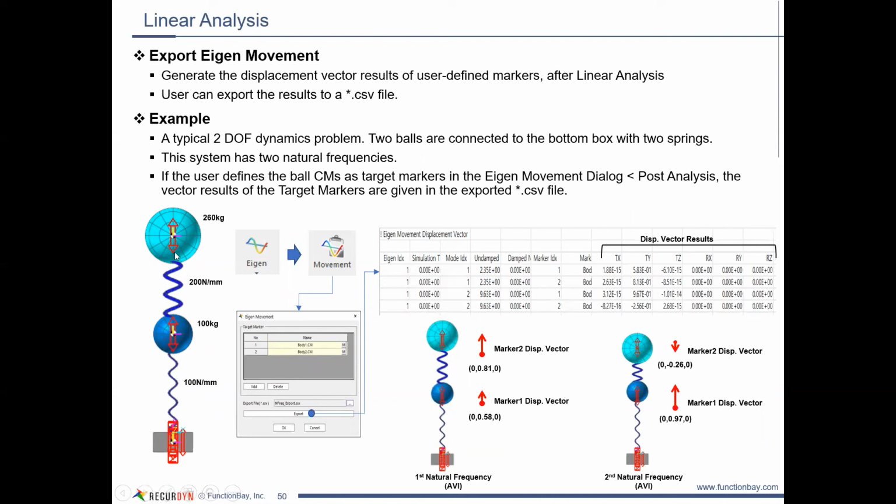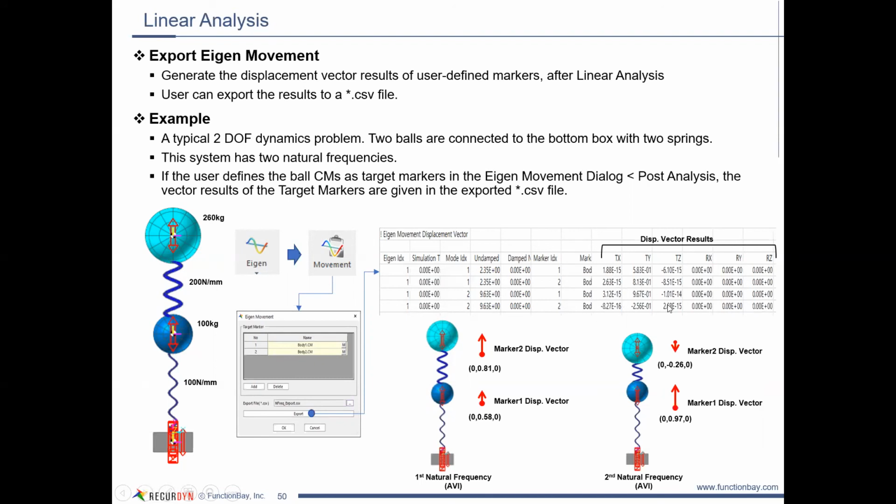When you look at the eigen solution for this system with RecurDyn linear, this is 2 degrees of freedom, so therefore there are 2 natural frequencies. With this export capability, it will export information on those 2 natural frequencies, and basically show the translations and rotations that are occurring.